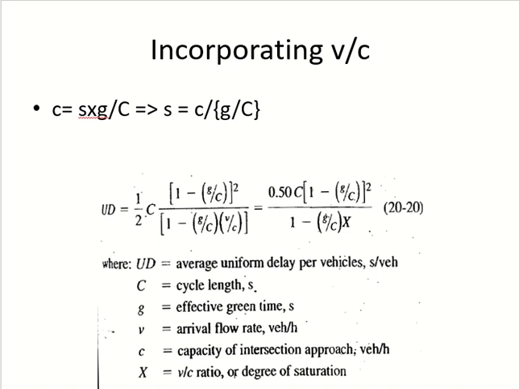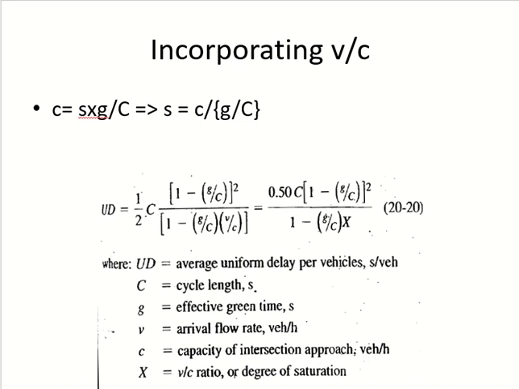Small g is effective green, which is cycle length minus lost time, and capital C is the cycle length. So the actual capacity is saturation flow rate into the proportion of cycle length which is effective green.